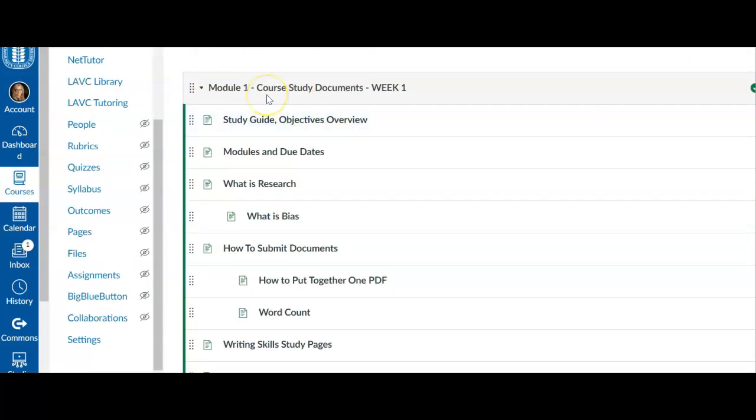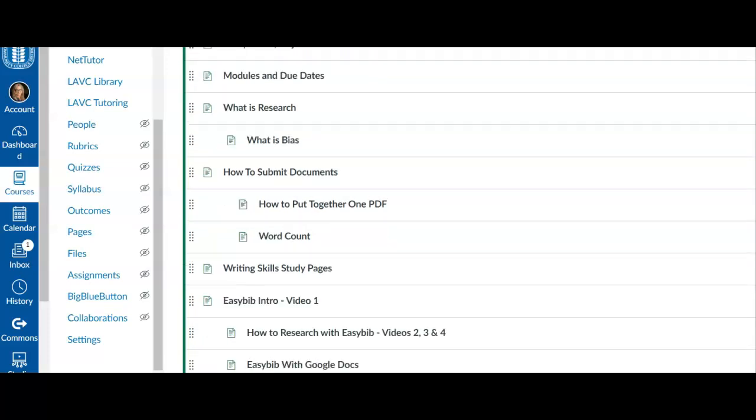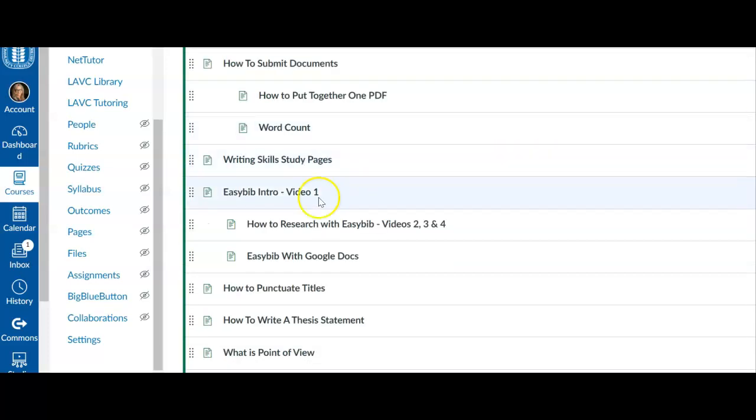In Module 1, which was from the first week, the course study documents were contained and were to be read and studied. These are the tutorials for EasyBib. When you see, in any class, when you go to the university and take other classes, an item repeated this many times, it lets you know that that is really important information.